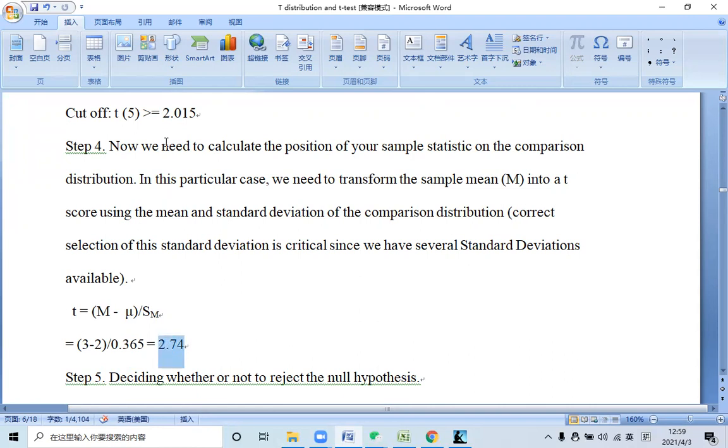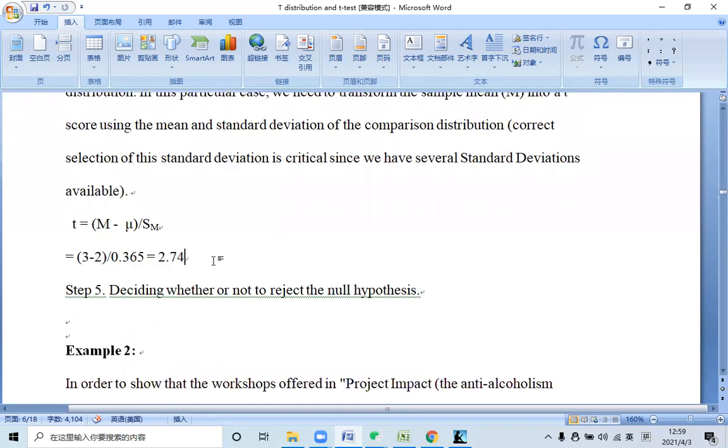2.74 is more extreme than the cutoff. You are looking for a score equal to or larger than 2.015. Your calculated t-score is 2.74. That's larger, more extreme than the cutoff. And what do you do? You reject the null hypothesis. You would say that the result is statistically significant.